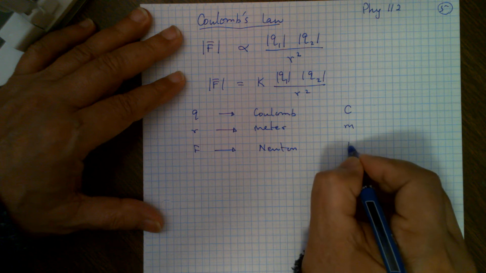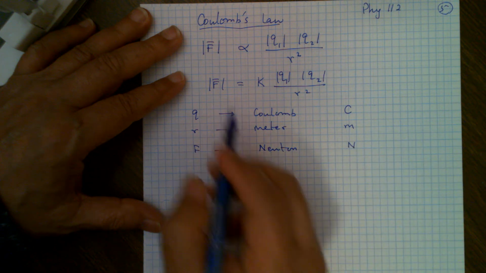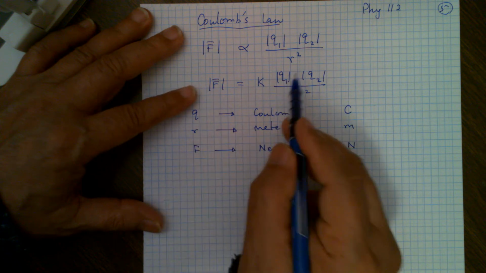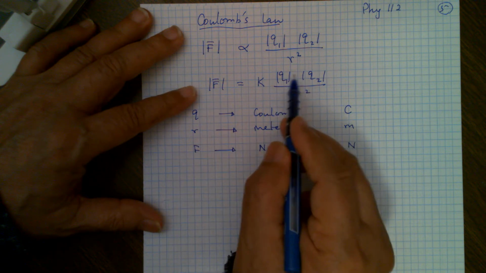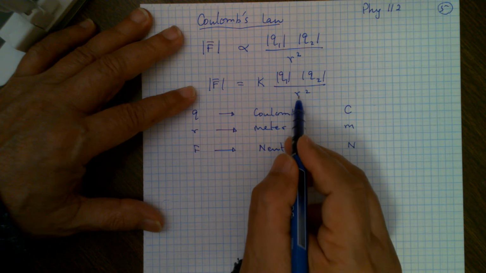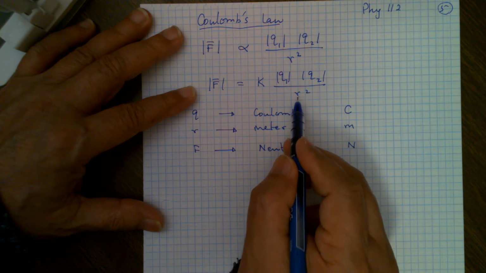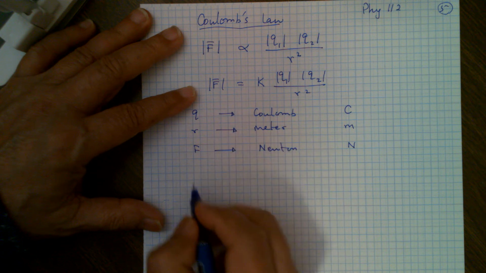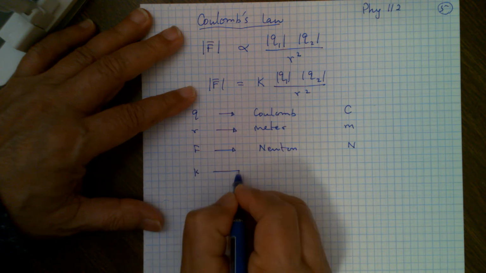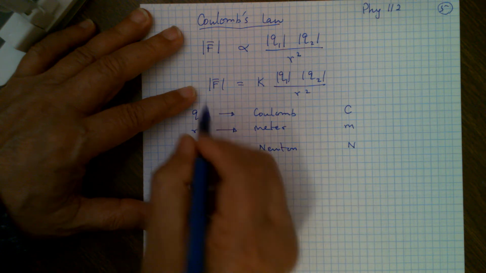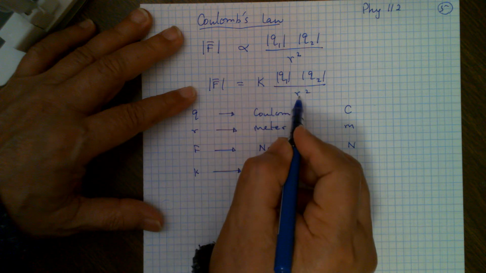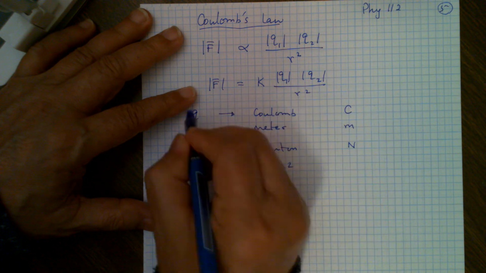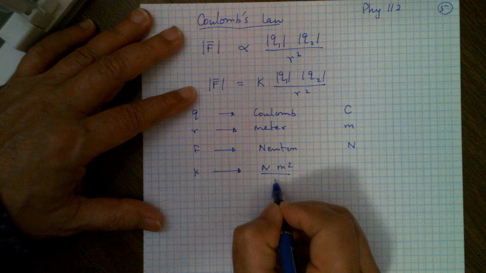And we'll write N. From this equation, you can see that on this side there's newton, on this side there's coulomb and coulomb, so that's coulomb squared, and R squared is meter squared. So the unit for K will be newton meter squared divided by coulomb squared.